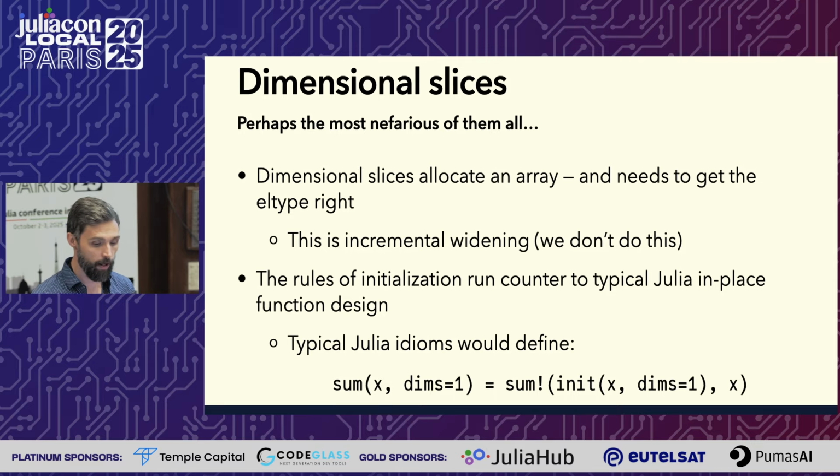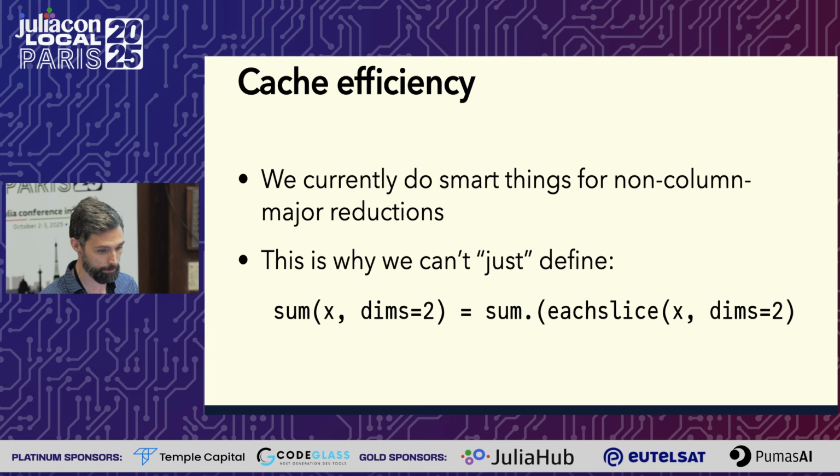And so this trying to figure out what the initialized array to do an in-place operation in is where 90% of the bugs in the reductions come from: getting that guess wrong about what your initial value is going to be. And then if you get the element type wrong, maybe you do a conversion that's inappropriate, or you just get the wrong answer in the first place.